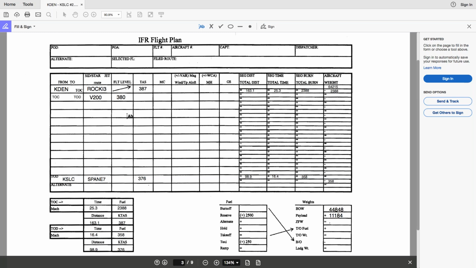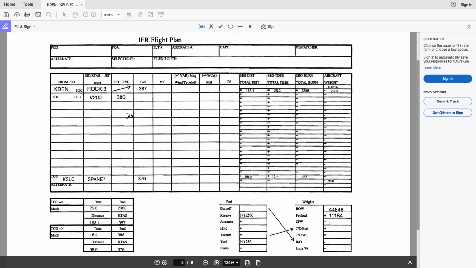Okay. That being said, our IFR flight plan, we've already figured out 2 of our points. Remember this whole thing? Okay, this is our top of climb, top of descent.